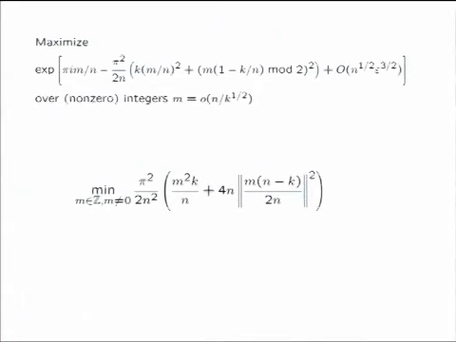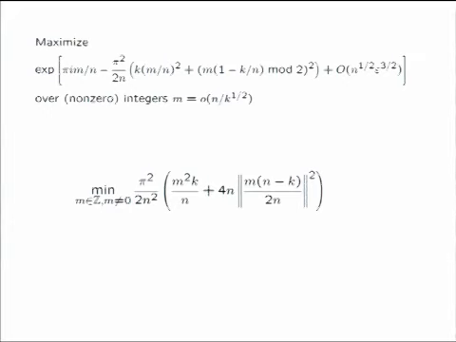Okay, so if we want to find the spectral gap, what we want to do is maximize this estimate for the eigenvalue. This is more or less the same as minimizing this expression, where this norm here is the distance of a given number from the integer lattice. There are a couple of differences here.